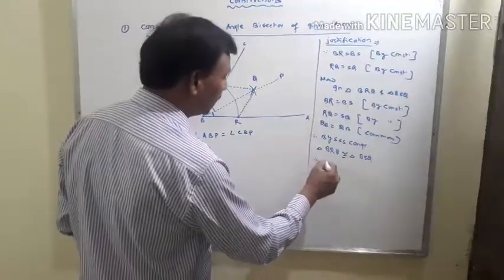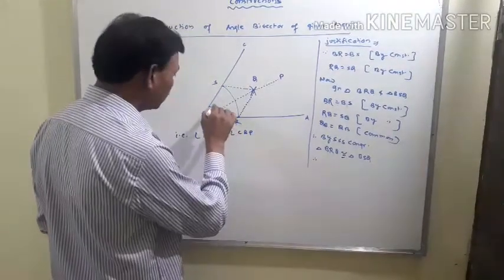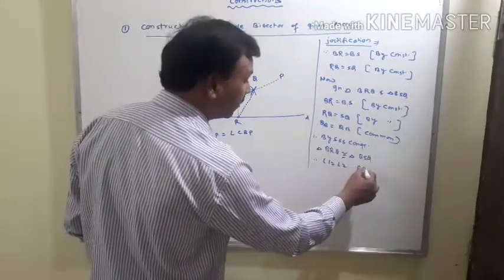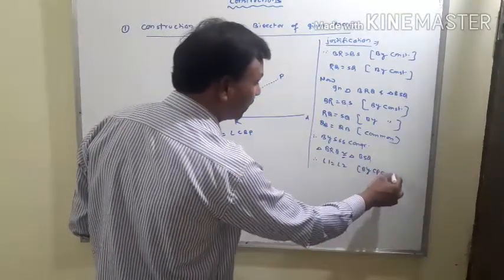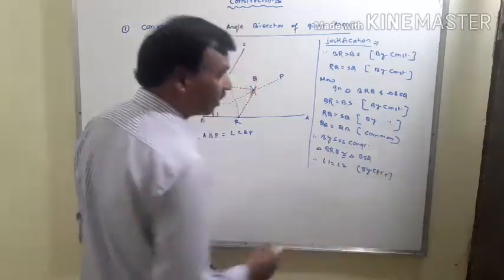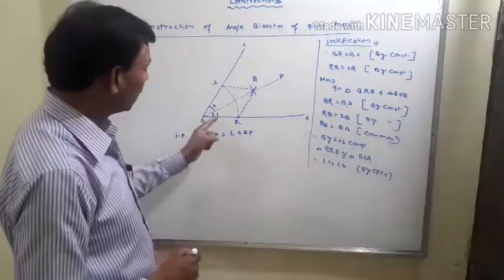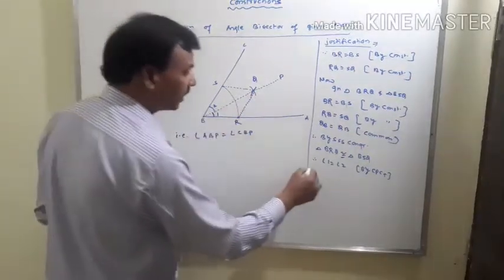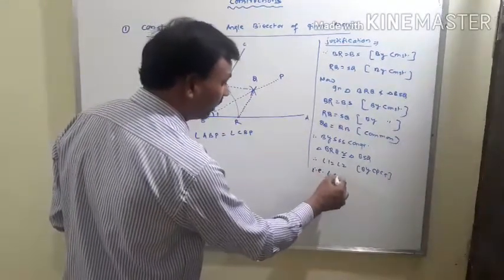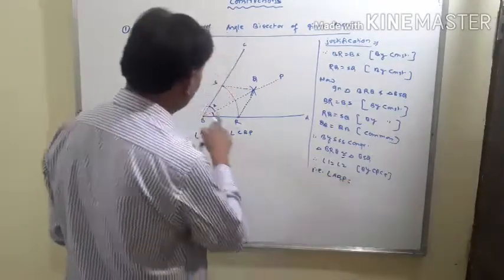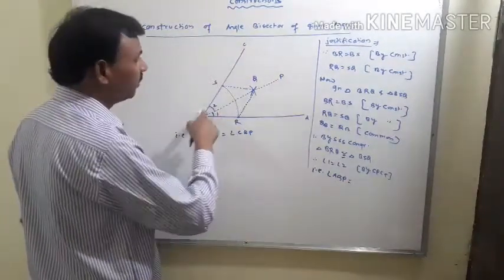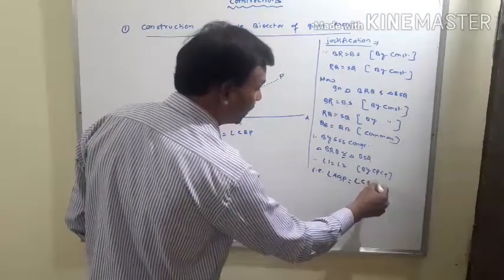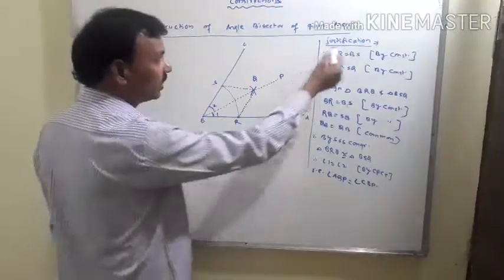That means angle 1 equals angle 2, by CPCT, that is, corresponding parts of congruent triangles. Since angle 1 is angle ABP and angle 2 is angle CBP, angle ABP equals angle CBP. Thus, your justification is proved.